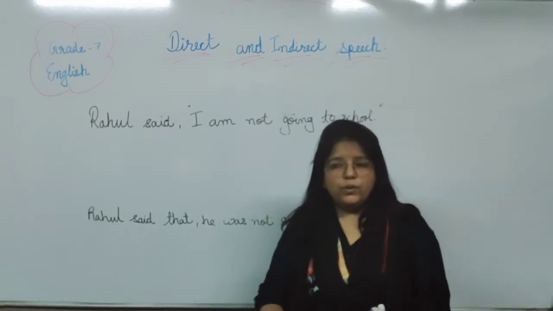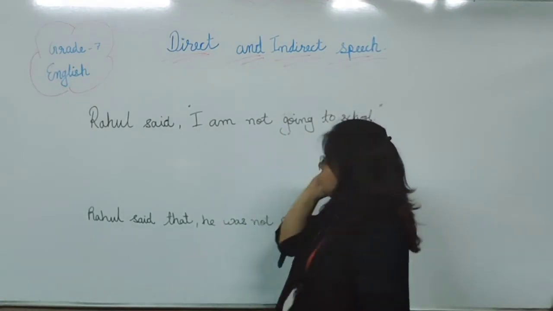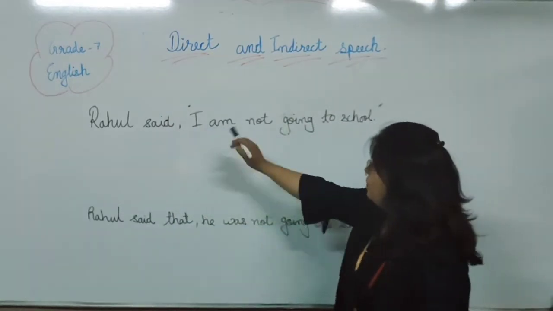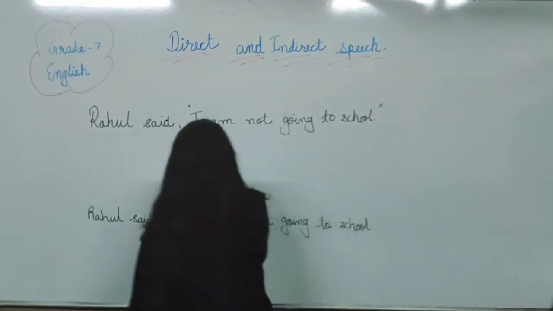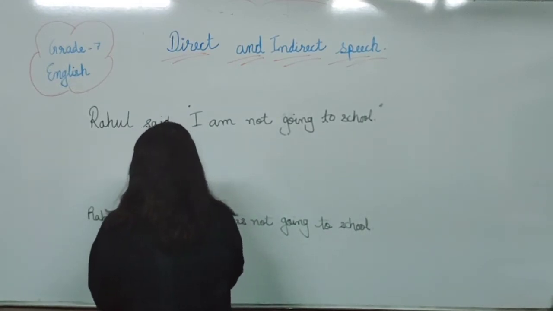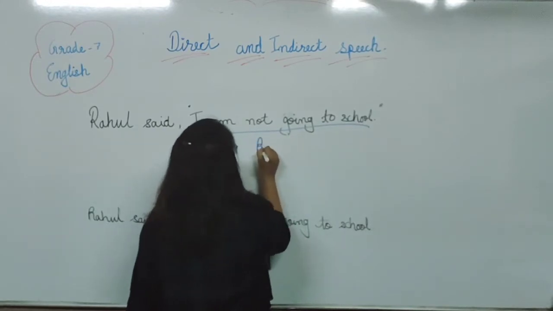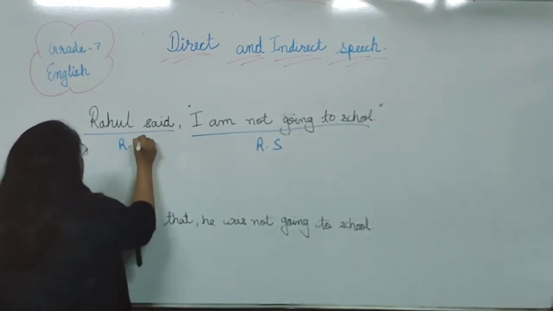But the way in which the things are reported is different. You can see in this sentence what Rahul said is reported as it is. Whatever this reported speech is, it is as it is. This is called reported speech. And this is called the reported verb.